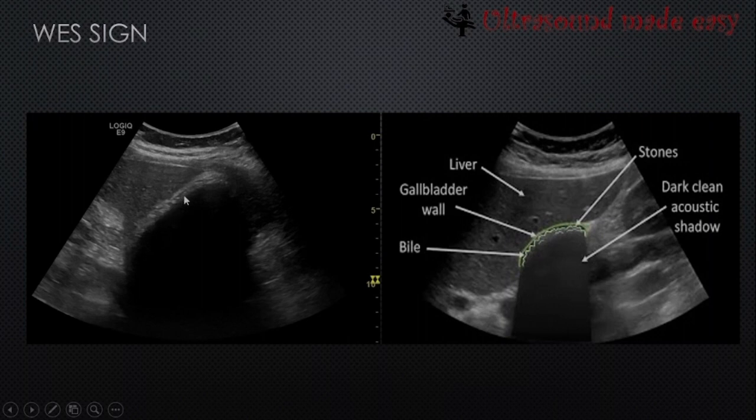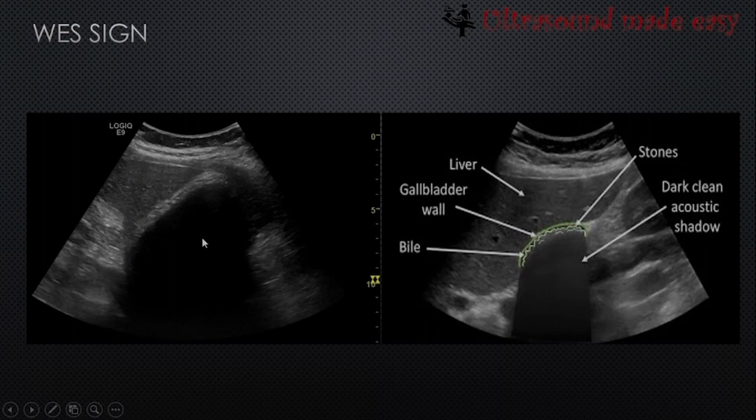These echoes are from the stones, but the stones are present in such a sufficient amount that there is no space left that is free from acoustic shadowing. There is a very strong acoustic shadow. So the first is the wall, second the echoes, and then the shadow. Wall, echo, shadow. This is called the WES sign.